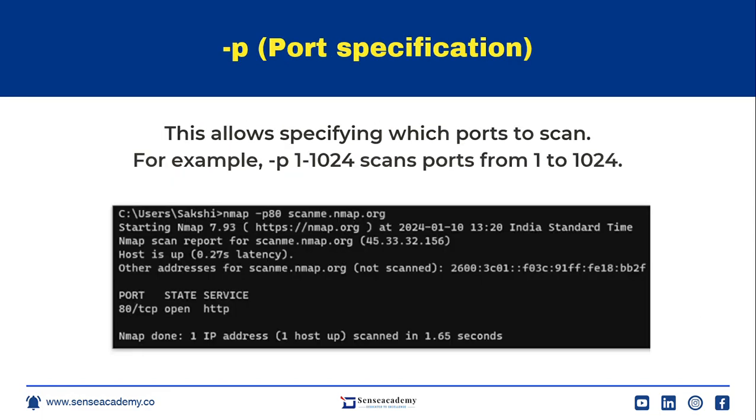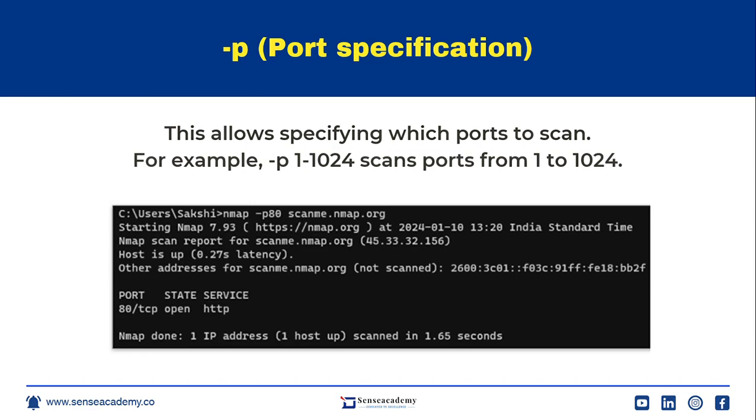Okay, so over here in this example, as you can see, we have specified nmap -p 80. That means I am trying to scan the particular organization scanme.nmap.org using a specification of port 80. Okay, that is the HTTP port.